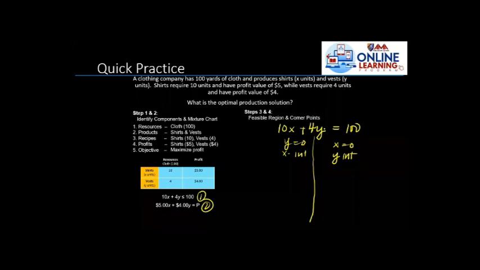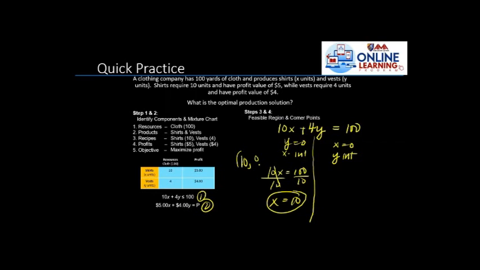Now, if i-0 natin si y, so matanggal si 4y. So, matira, 10x is equals to 100. So, divide both sides by 10. So, x is 10. So, yung ordered pair for the x-intercept is 10, 0. Now, next is 0 naman si x. So, matanggal si 10x, ang matira is 4y is equals to 100.